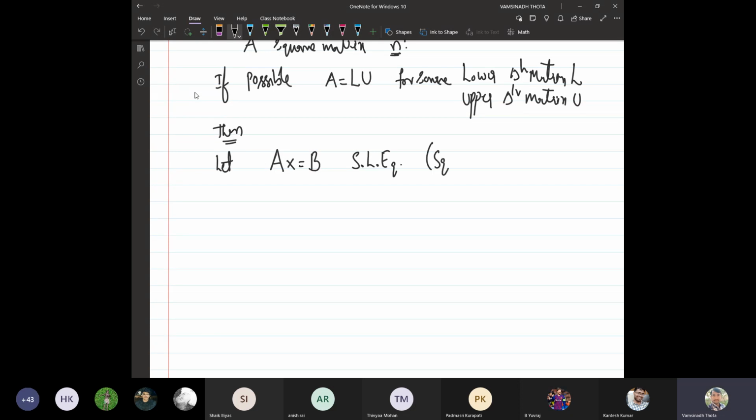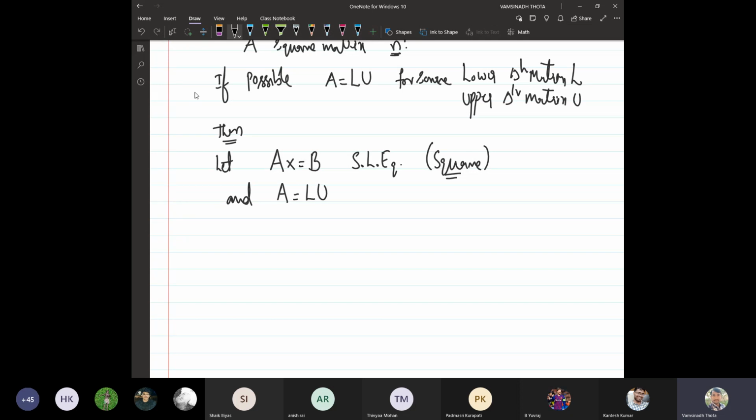In fact, assume that it is a square system, where the number of variables and the number of equations are the same.